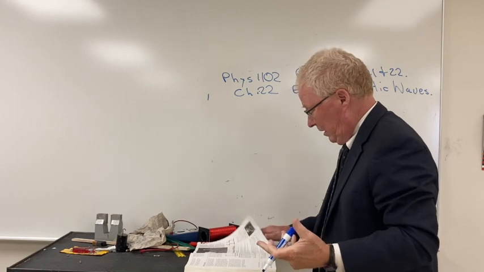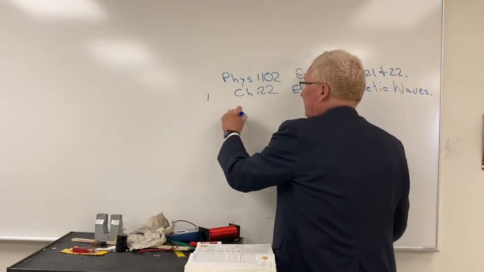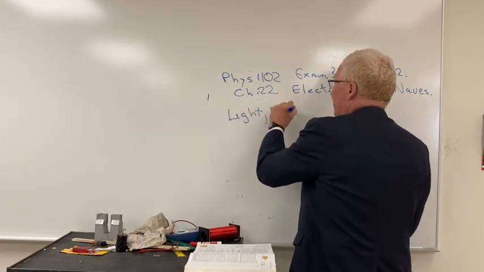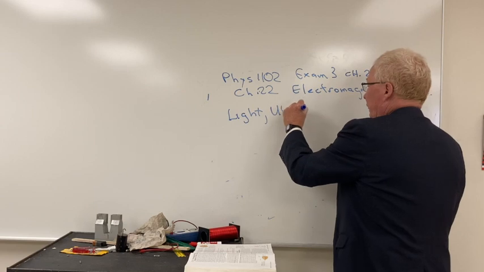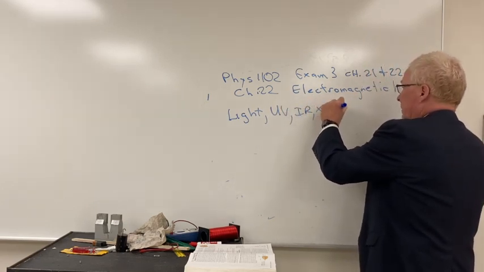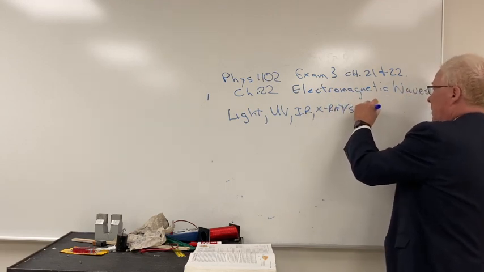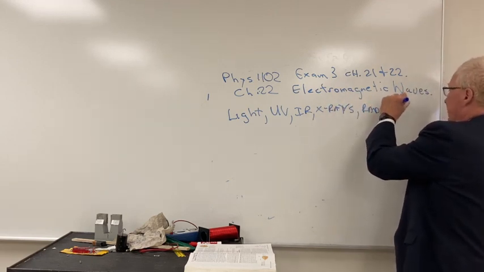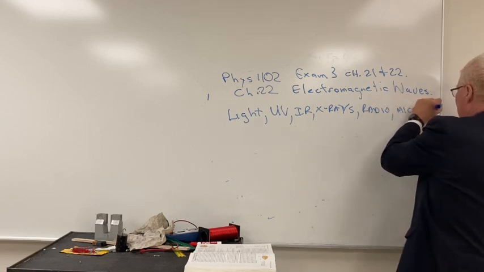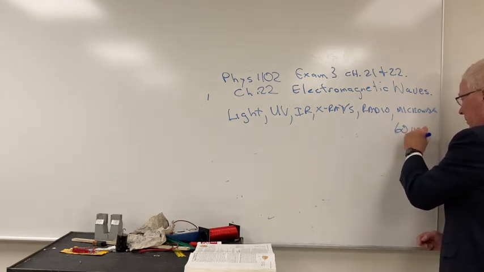Electromagnetic waves include light, UV, infrared, X-rays, radio, microwave, and all the way down to 60 hertz power lines.